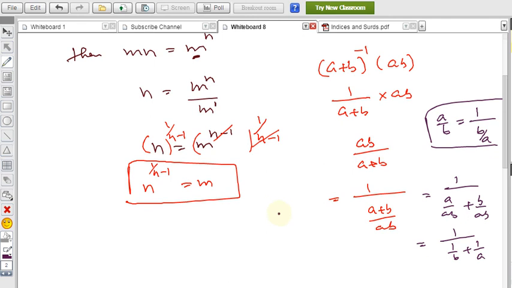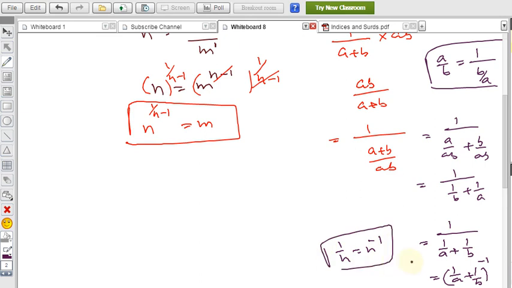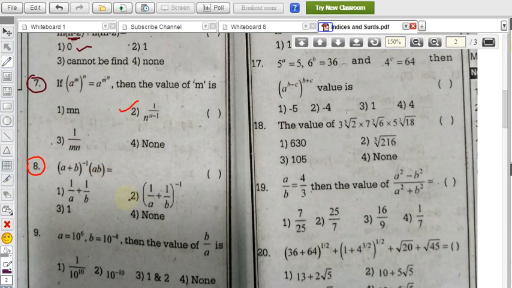Then we can write 1 by 1 by a plus 1 by b. So 1 by a plus 1 by b whole to the power minus 1, like 1 by n is equal to n to the power minus 1 formula applied, because according to the options, we need to take this form.